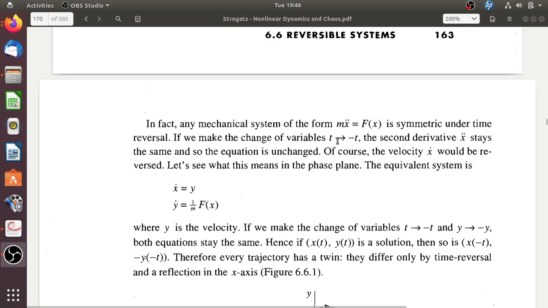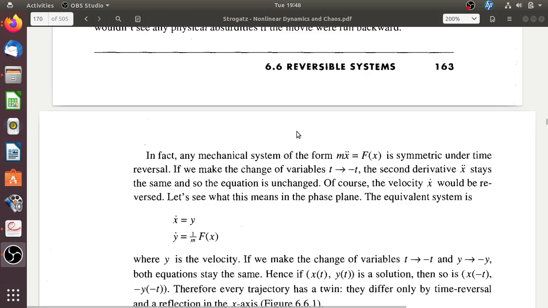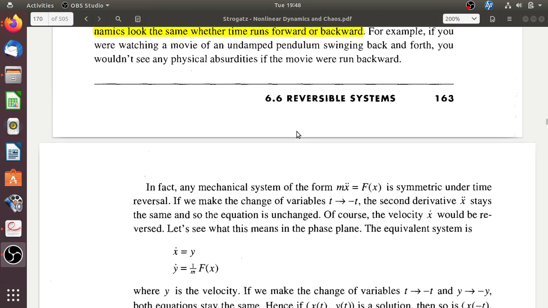When we do the time reversal, the velocity of the particle will be reversed if we observe from the reverse or backward timeline.